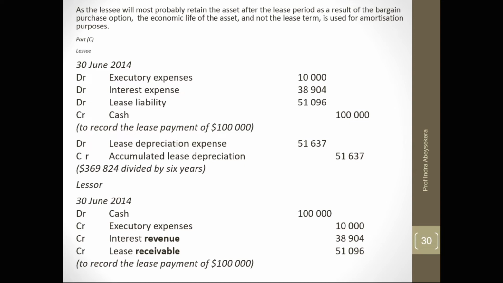For the lessor, it is the mirror image of what we have done for the lessee. The cash received is 100,000 and reimbursement of executory expenses, and then the interest revenue that is equivalent to interest expense, and lease receivable that's equivalent to lease liability.